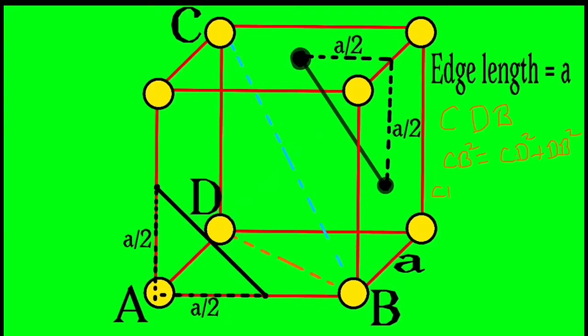So CB square is equal to, CD is nothing but edge length, A square, plus DB, which is the face diagonal, root 2A whole square. So CB square is equal to A square plus 2A square. So CB square is equal to 3A square. So CB is equal to root 3A.